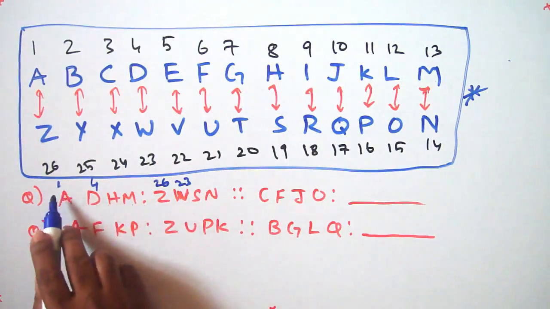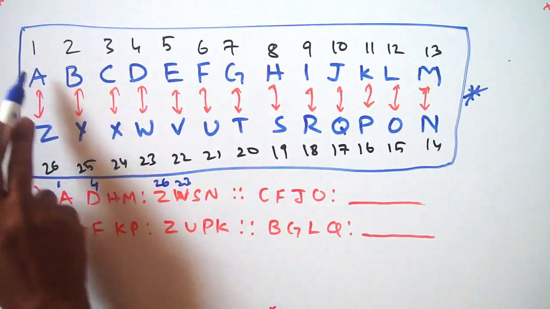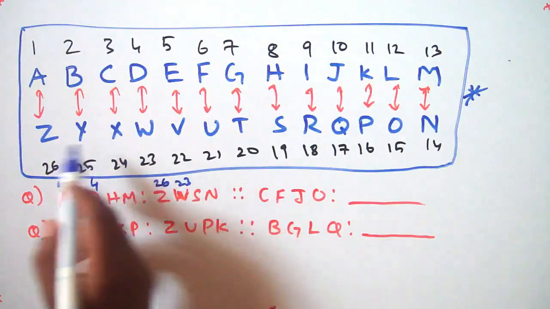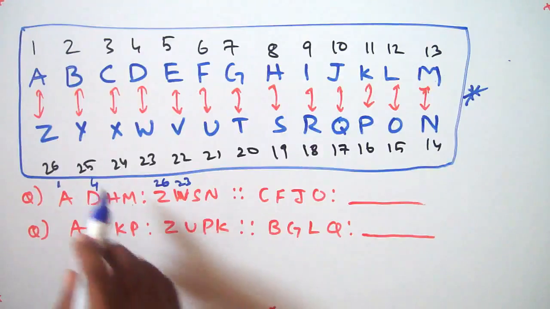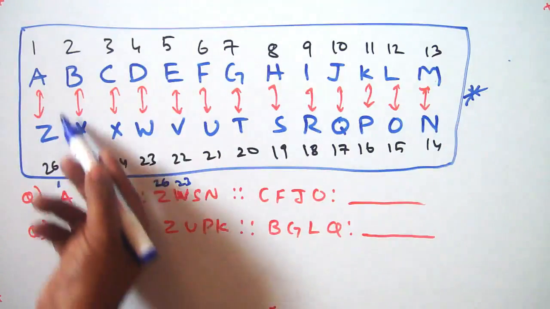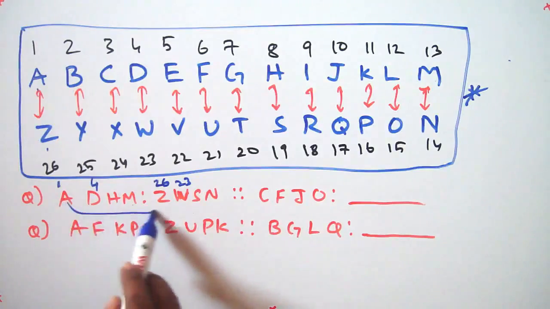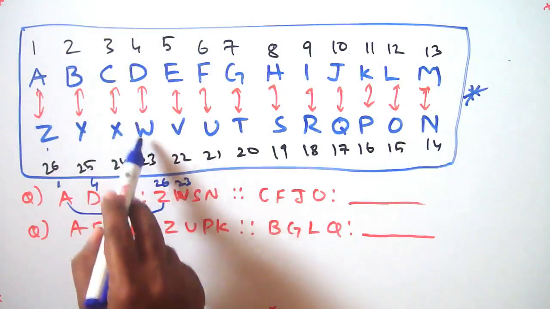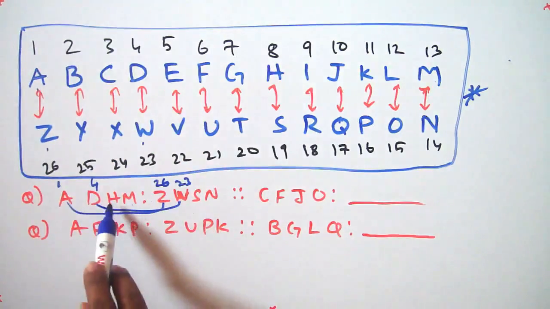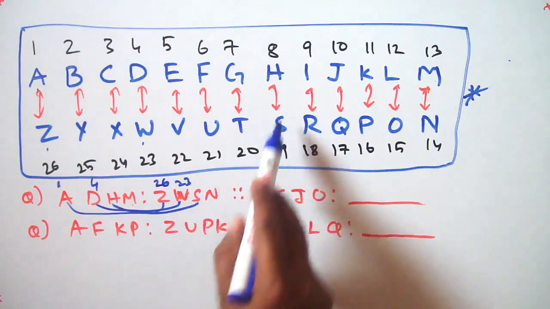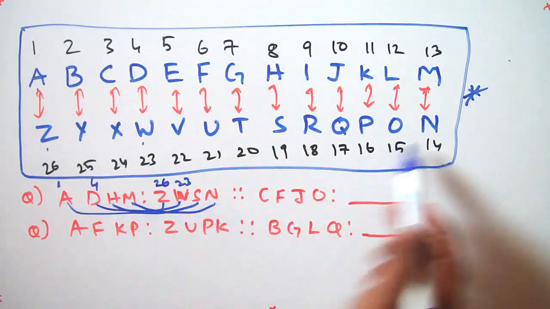By the way, if the numbers increase from the back, they should decrease from the front, friends. So if you write in this order, we can link directly. For A it is Z, for D it is W, for H it is S, for M it is N.